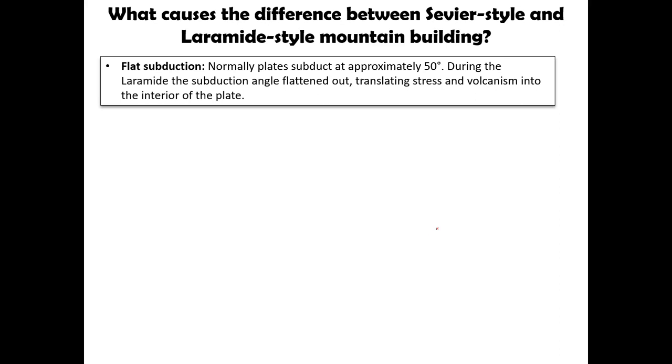So how did this occur? Why was there a difference in the Sevier style versus Laramide style orogenic events? So what we think happened that caused this difference in styles is flat subduction. So normally plates subduct at approximately 50 degrees. So, you know, if you have a flat surface here, the subduction of the seafloor is happening at maybe 50 degrees.